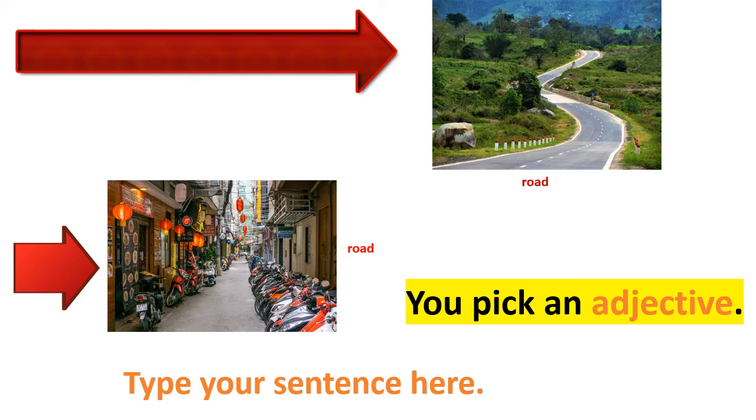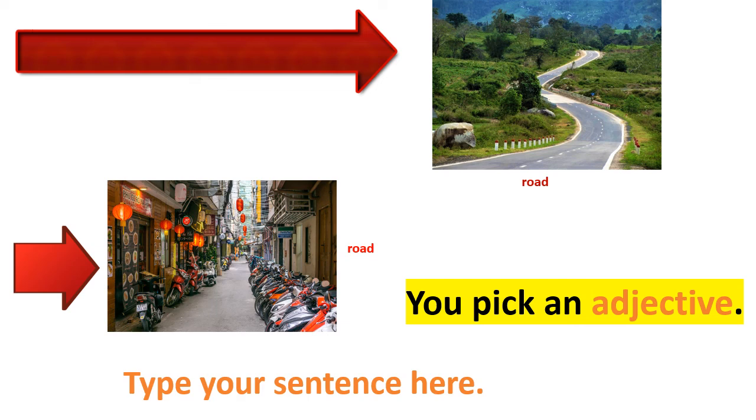And then finally, we have a slide. We have two pictures of a road, actually two roads. I will let you pick an adjective here when you write your sentence using a demonstrative pronoun and a comparative adjective.